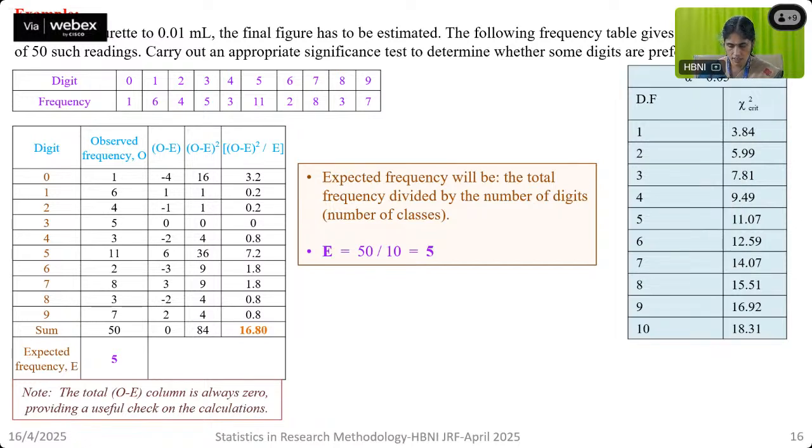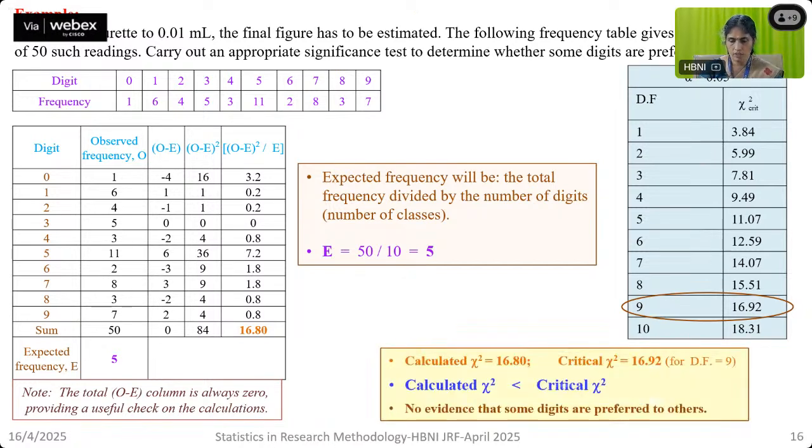And you can see the degrees of freedom comes out to be 9 because there are 10 such individual data inputs. Then the chi-square value comes out to be around 16.8 in the calculated one, whereas the critical value is 16.92. So it is marginally less than the critical value.